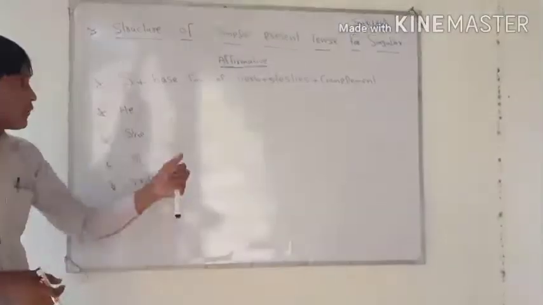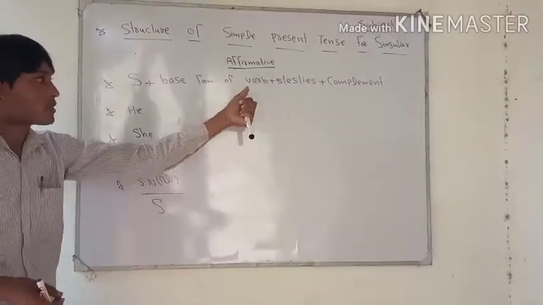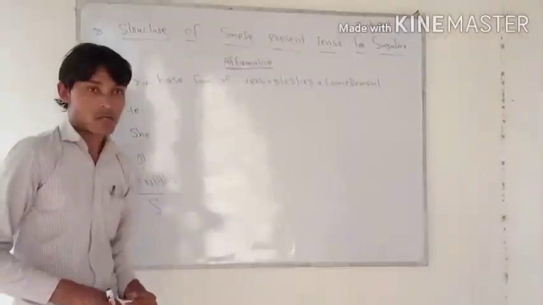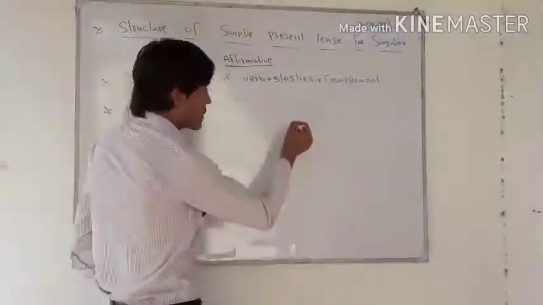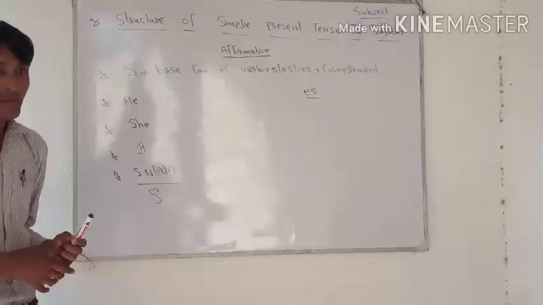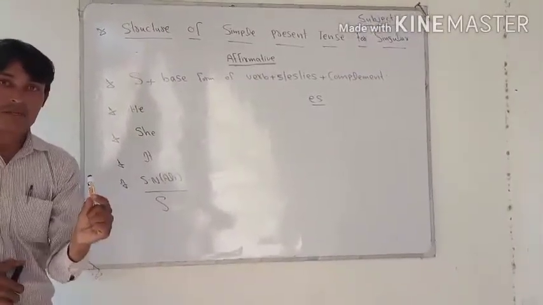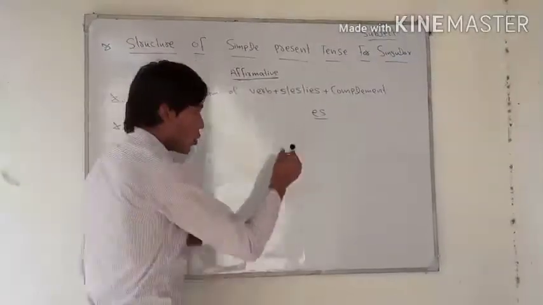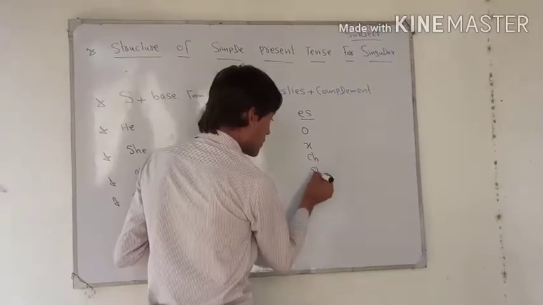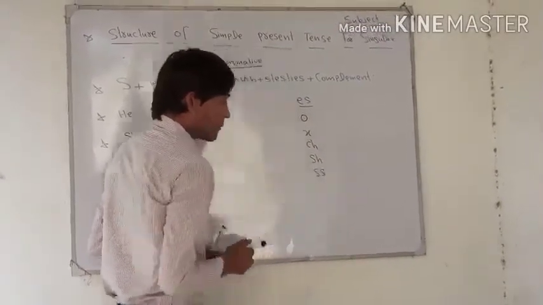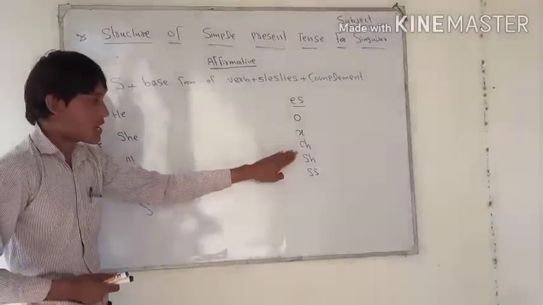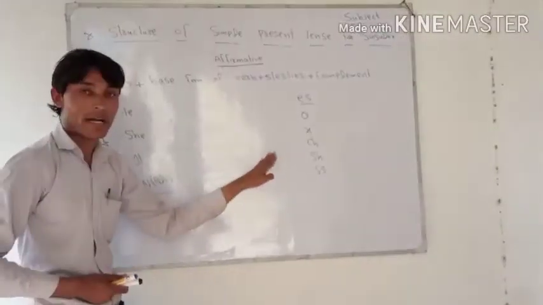But before adding a verb, we should know where we can add es, s, ies. First of all, I would like to discuss where we can add es. If the verb ends in o, x, ch, sh, or double s, we have to add es.